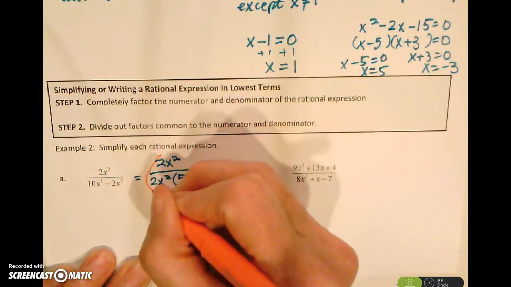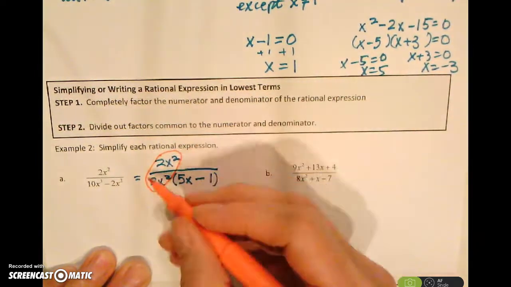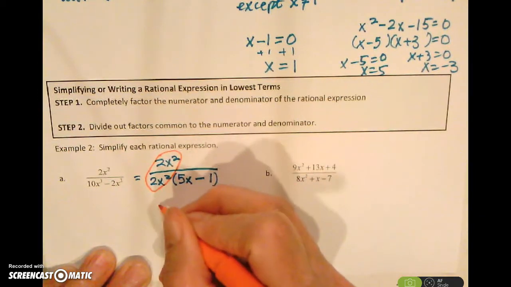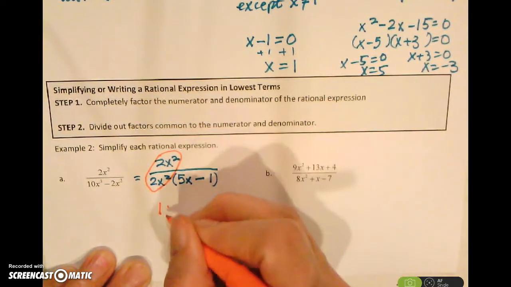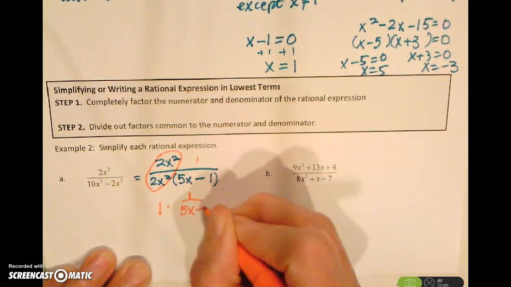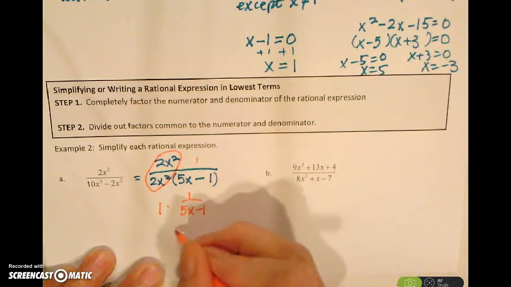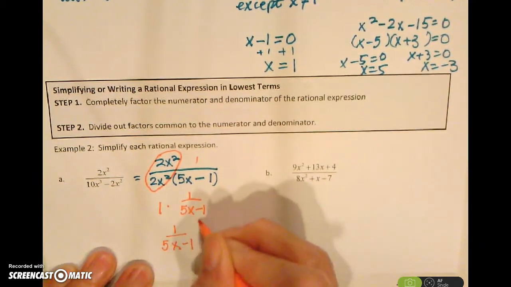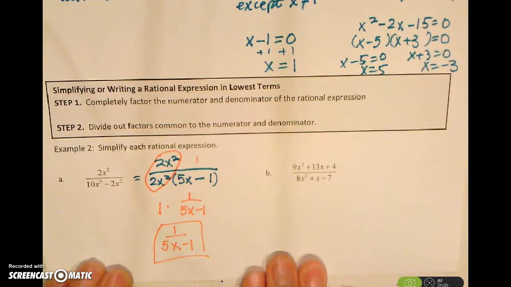They both have this 2x squared here. So 2x squared over 2x squared is 1. So now this is really 1 over 5x minus 1. And when I multiply, 1 times anything, of course, is just that thing. So my answer is going to be 1 over 5x minus 1.